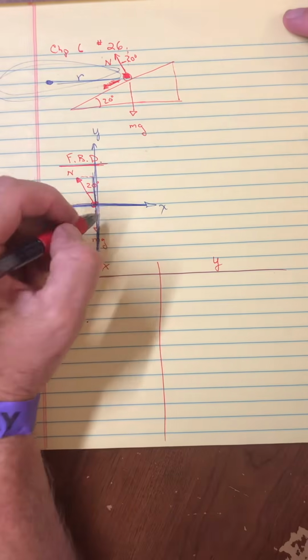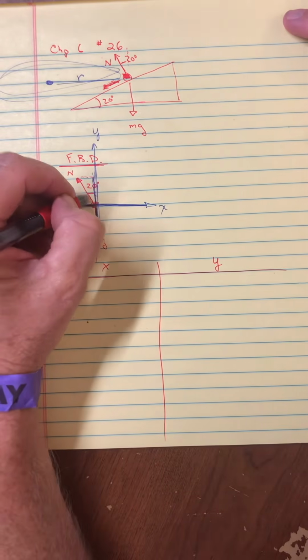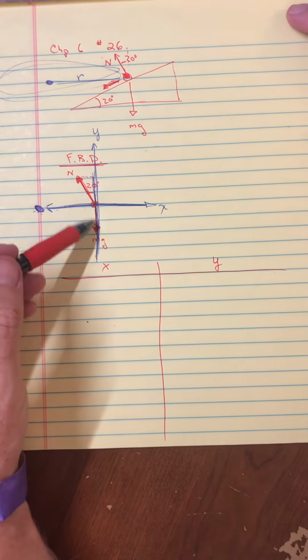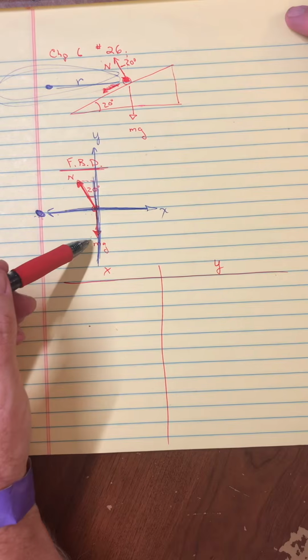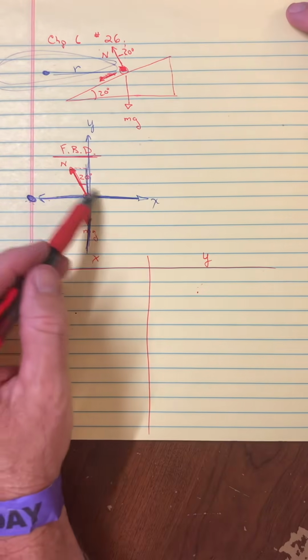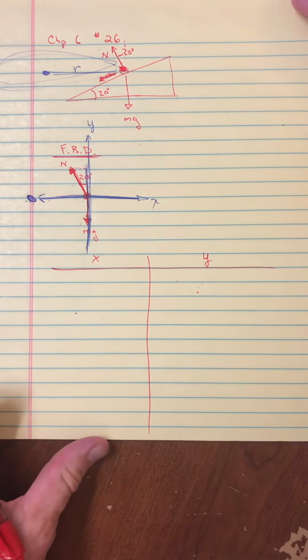Now, I hope I didn't color over the two forces too much so that you can still see that I'm going to have one force, the gravitational force, in the negative y direction, so it's going to go over to here. And then the normal force is going to have components, so it's going to have a y component, it's going to have an x component.